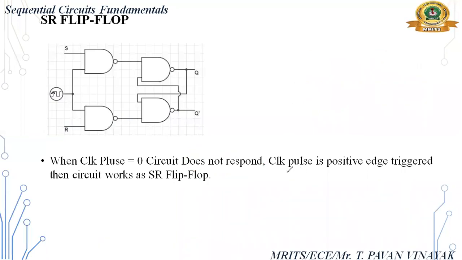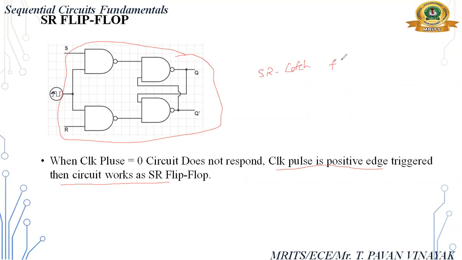Whenever the clock pulse is positive edge triggered, the circuit works as an SR flip flop. How can you find the difference between latch and flip flop?